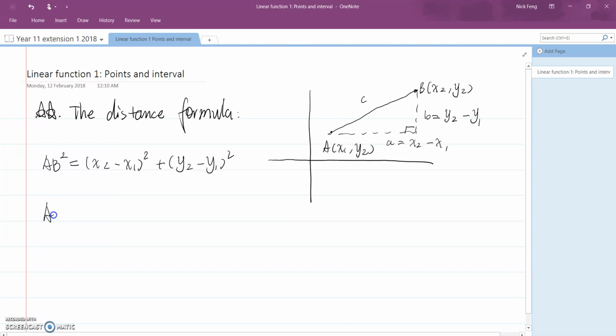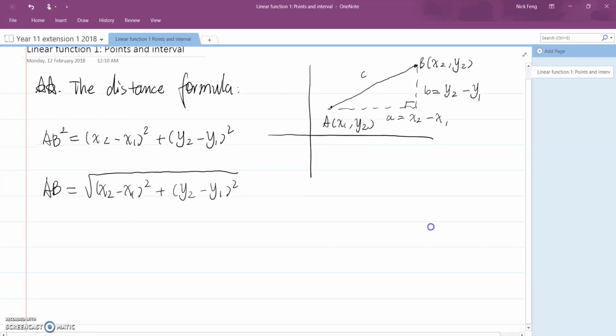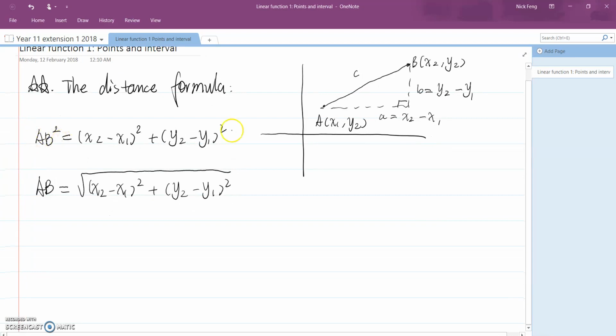And if you actually want the distance by itself, we take the square root of whatever at the top. Do keep in mind, unless the question specifically asks for distance, the square form without the square root is actually more useful. And do remember, this is essential in extension 1. Do not draw a triangle again.